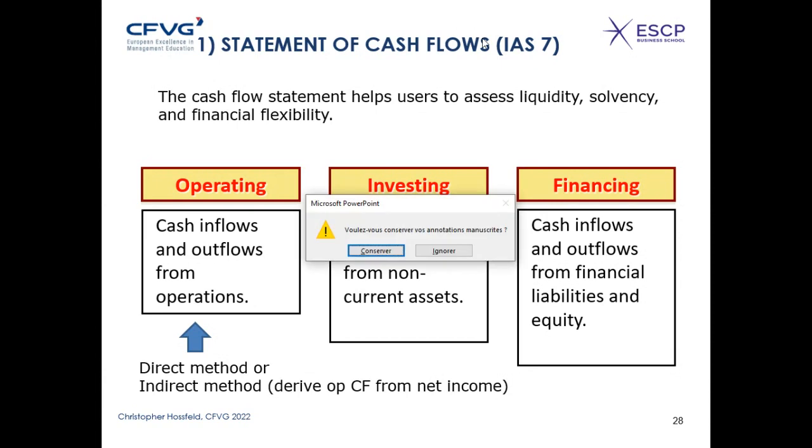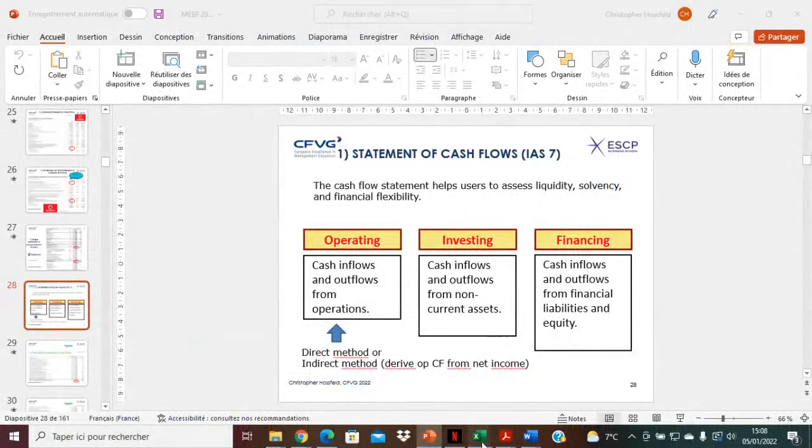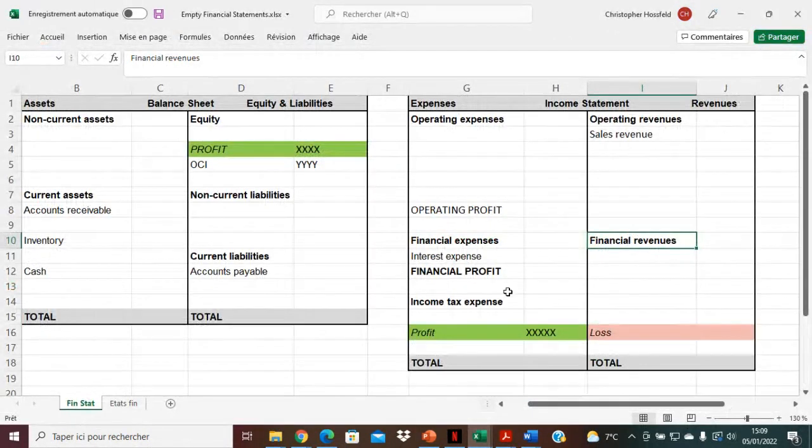Okay, so remember yesterday I told you that the income statement is nothing else than the explanation of this single line in equity that is called profit, but giving me much more details on where the profits come from.